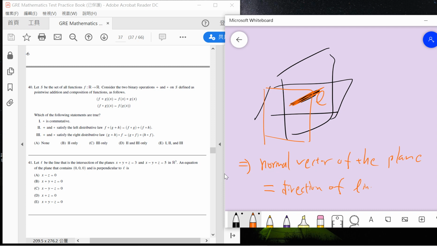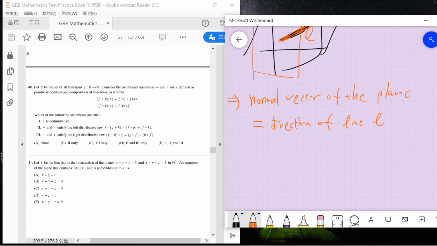Once you know this, the direction of line L is very simple, because the direction of line L should be perpendicular to the normals of the two planes. So L will be proportional to the cross product of the two normals. So we just write the normal vectors and compute this.